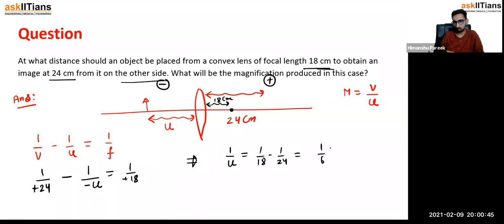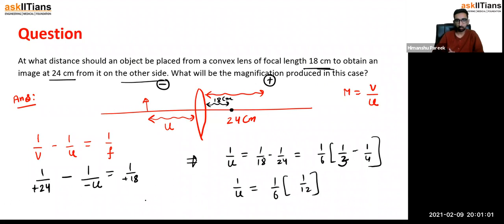Let us just solve it now. Taking LCM 6, taking the common 6, 1 by 3 minus 1 by 4, which would give you 1 by u equal to 1 by 6 times (4 minus 3), that is 1 over 12. So that would give me u is equal to 72 centimeter.